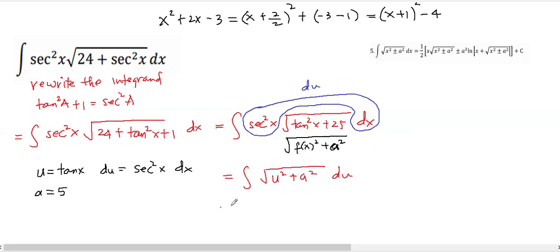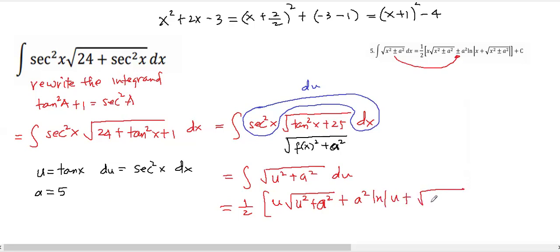No? So, the answer, it would be 1/2 times u times the radical square root of u squared plus a squared. And then, kung ano yung operation dito, since plus ito, plus a squared ln, absolute value of u plus the radical square root of u squared plus a squared, absolute value, quantity plus C. And then you just bring back the value of u and a.